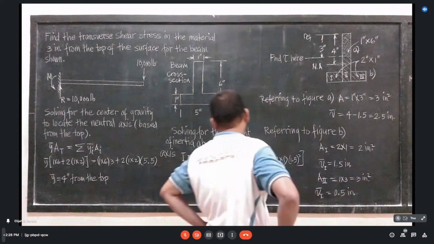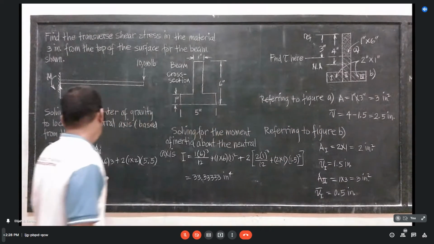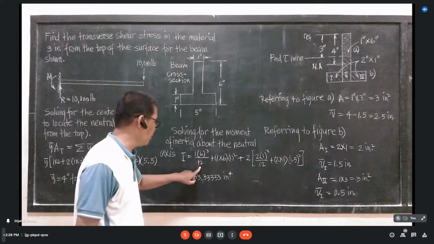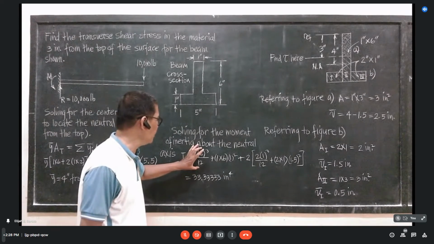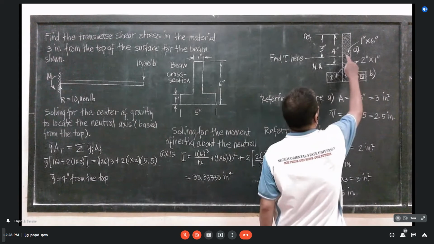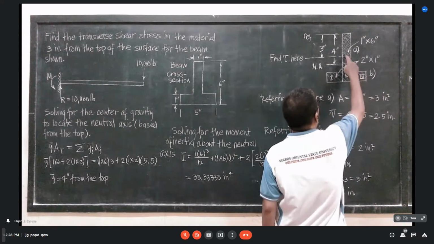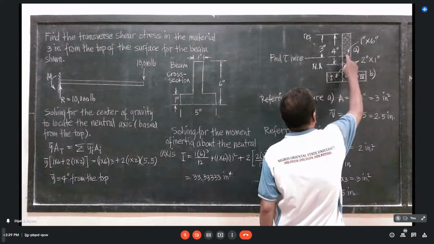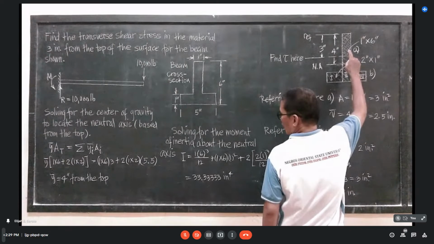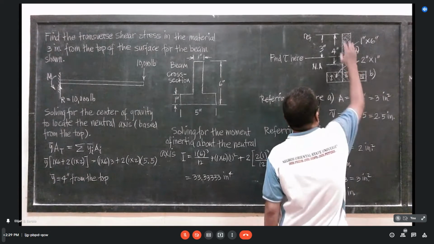Okay. So bh cubed over 12 is the moment of inertia about its centroid, and the centroid is there. So 1 times 6 cubed over 12 is its moment of inertia.